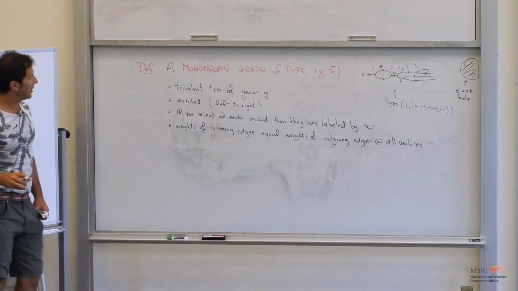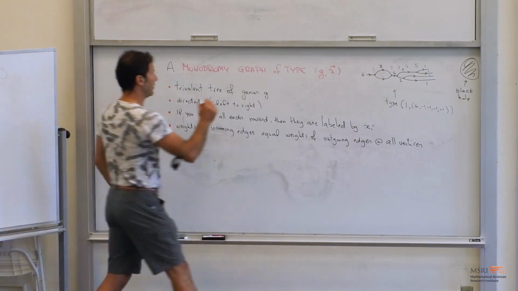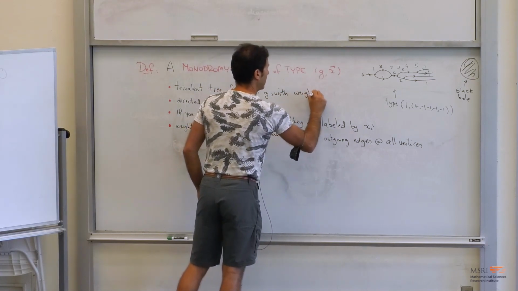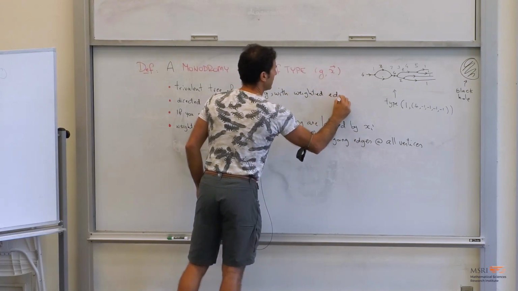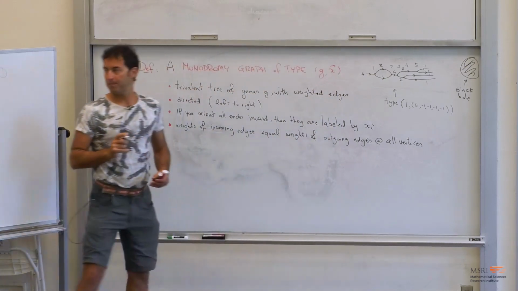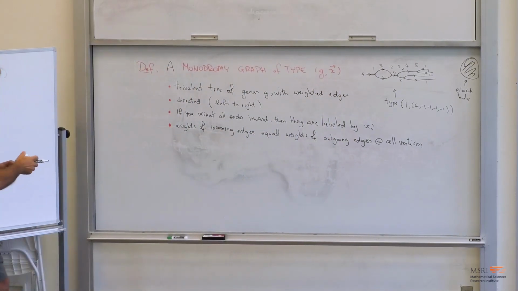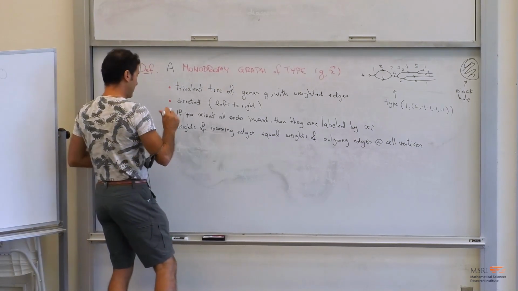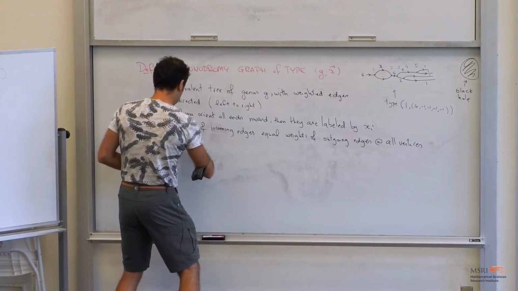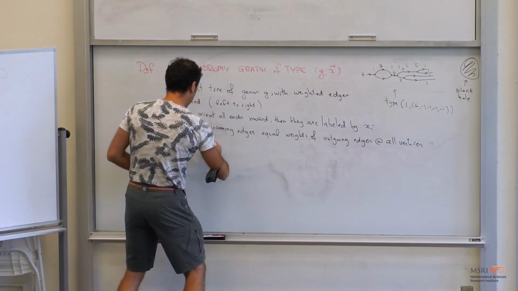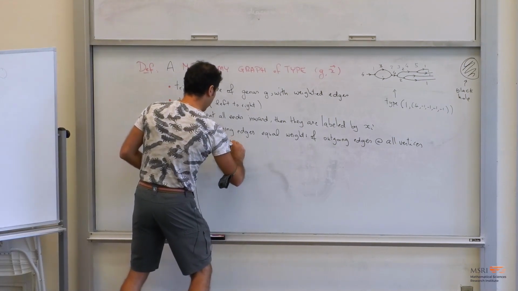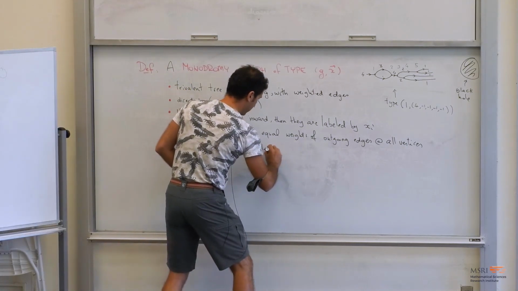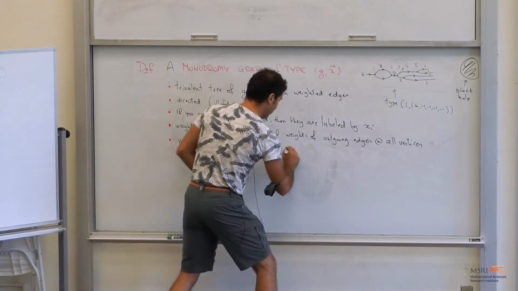Did I even say that the edges should be weighted? Here, with weighted edges. Okay. And then the last condition is vertices have a total ordering compatible with gravity.